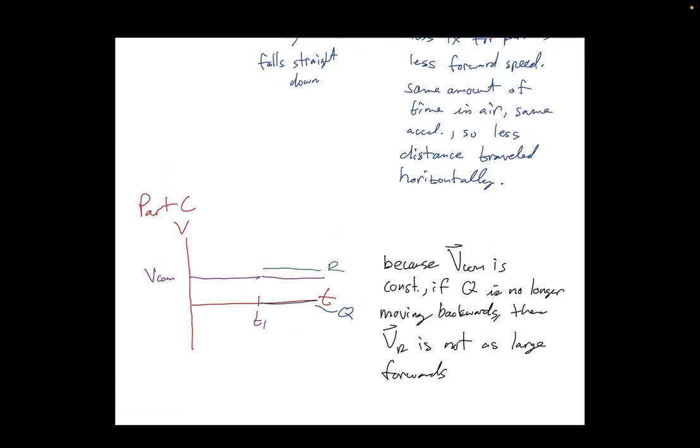And really the expression here is that the velocity of the center of mass is equal to the velocity of Q times the mass of Q plus the velocity of R times the mass of R over the total mass. And since this term is no longer negative, it used to be negative, now it's going to be 0, then as it goes from negative to 0, our value for the velocity for R is going to be a lot less.